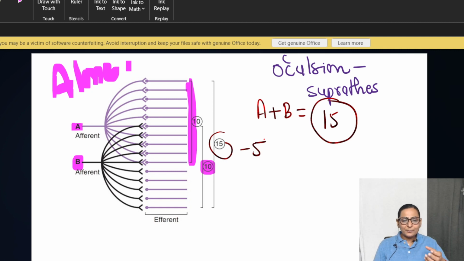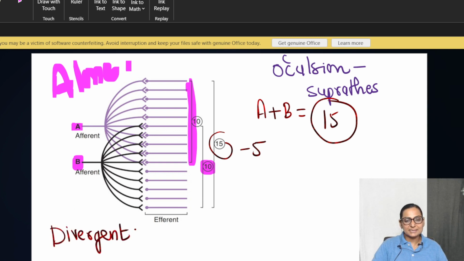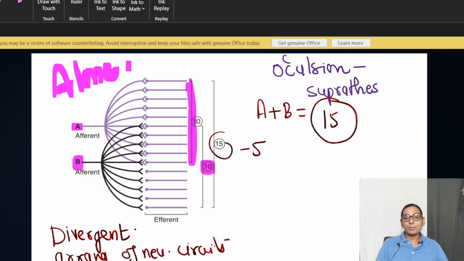So whatever response we are getting is mainly because of the strength of the incoming stimulus. You can see here that occlusion is a divergent arrangement of neuronal circuits, right? So these properties, boys and girls, are very, very important.